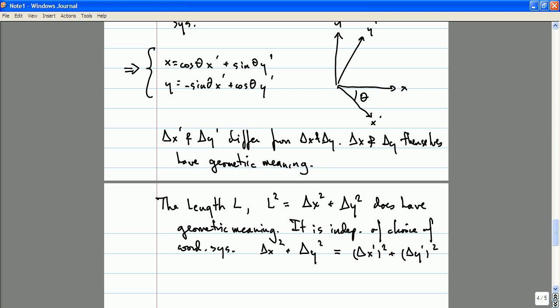Now, the formulas that I have written down are hopefully quite reminiscent of the formulas that we have seen for the Lorentz transformations, which, as with this simple case of a rotation of the coordinate axes, relate the two different coordinates that one uses to describe events at different positions and times in different coordinate systems.